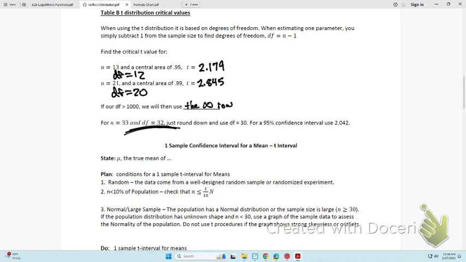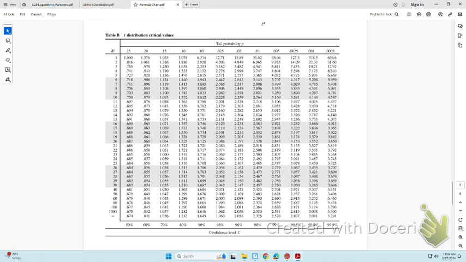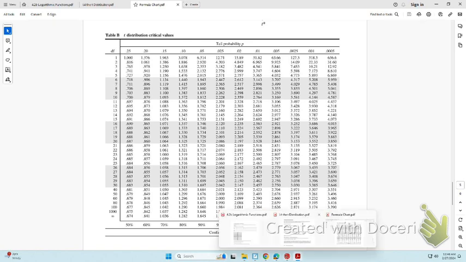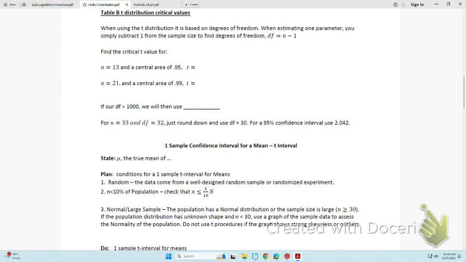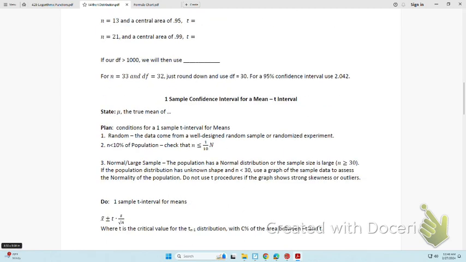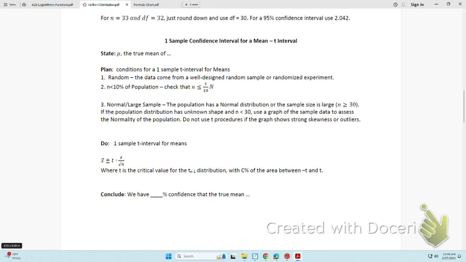Because if I was to round up to 40, let's go back to the chart. Notice it skips 30 to 40 to 50 to 60 and so on. So we don't have 32 there. So we're going to be conservative and just round down to 30. All right. 2.042.